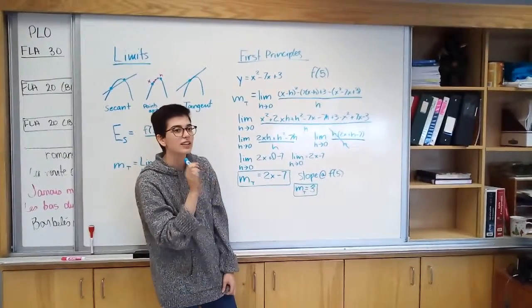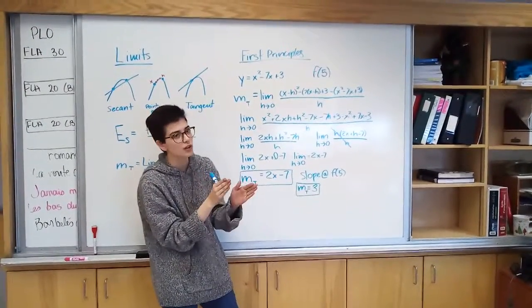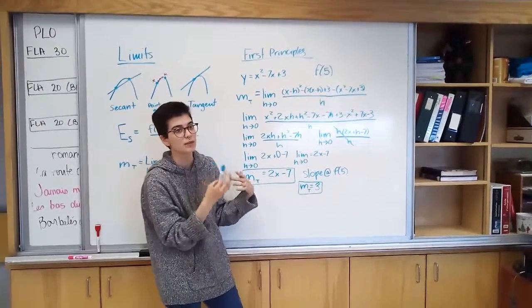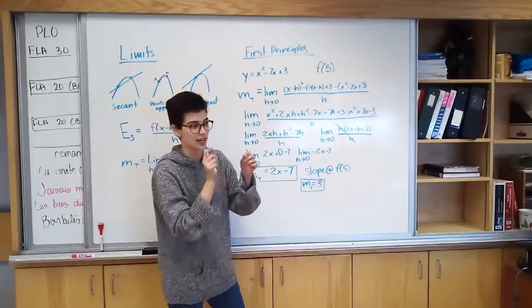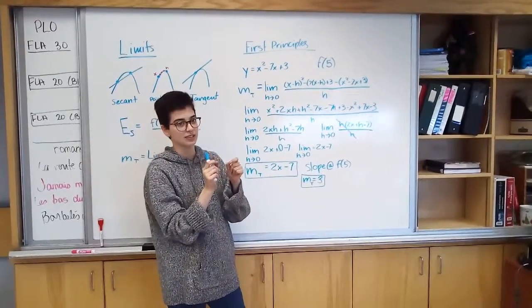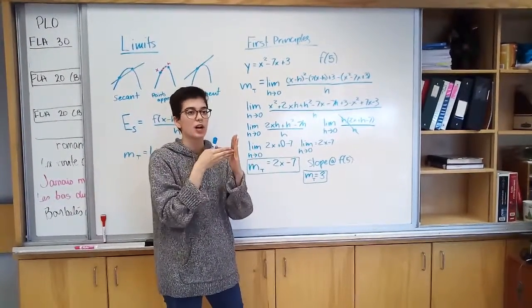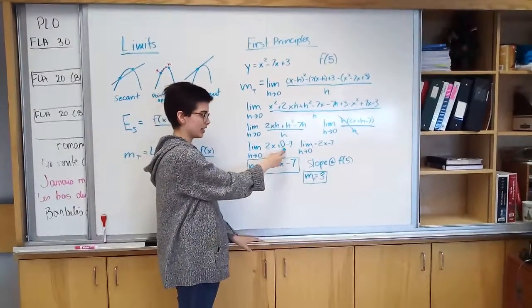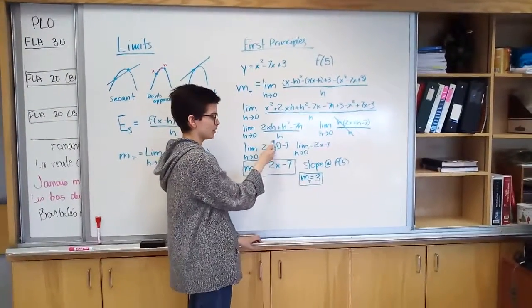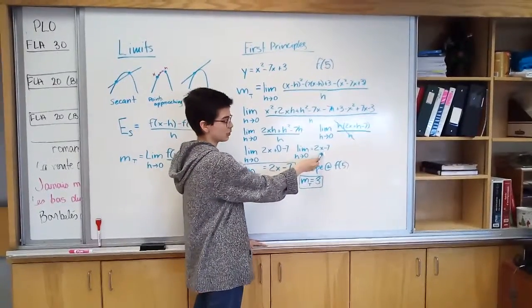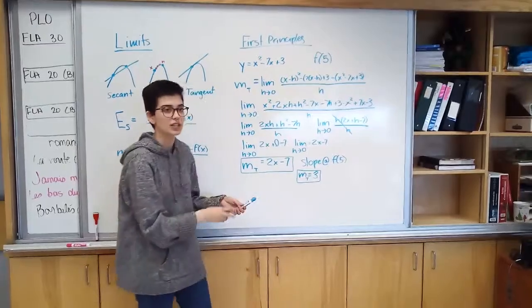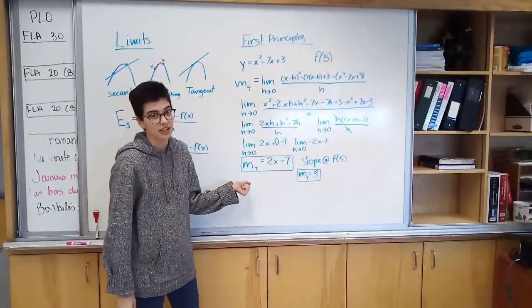And we're not exactly at 0, but we're so close that we're able to just put a 0 in there, and we'll be able to get a slope that's pretty much exactly what it is at that point, but it's not precisely because we're approaching, but we're not being exactly at 0. So I put the 0 in here, and since 0 does absolutely nothing, we just get 2x minus 7. And that's the limit as h approaches 0. And we can stop there, and that's the slope of our tangent line.